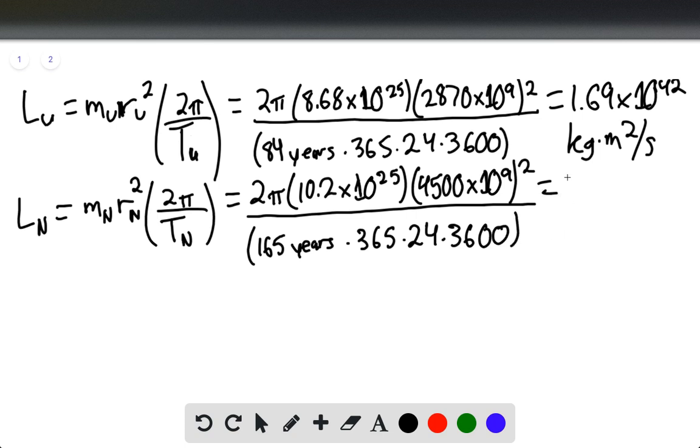And this is going to be 2.49 times 10 to the 42nd kilogram meters squared over second.